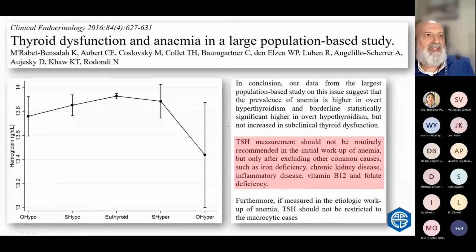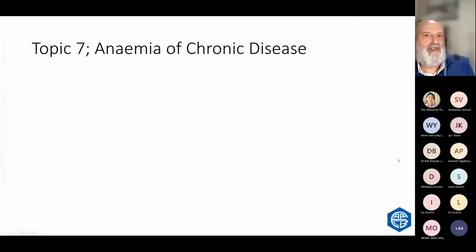And in this study here, they said, even though you're a little bit more likely to be anemic with hypothyroidism or anemic with hyperthyroidism, the reasons are the other diseases those patients might have, like iron deficiency, chronic kidney disease, B12 deficiency, inflammatory disease. So before you assume anyone's anemia is due to thyroid, you better have done all those other tests, because otherwise you'll be chasing the wrong winner.